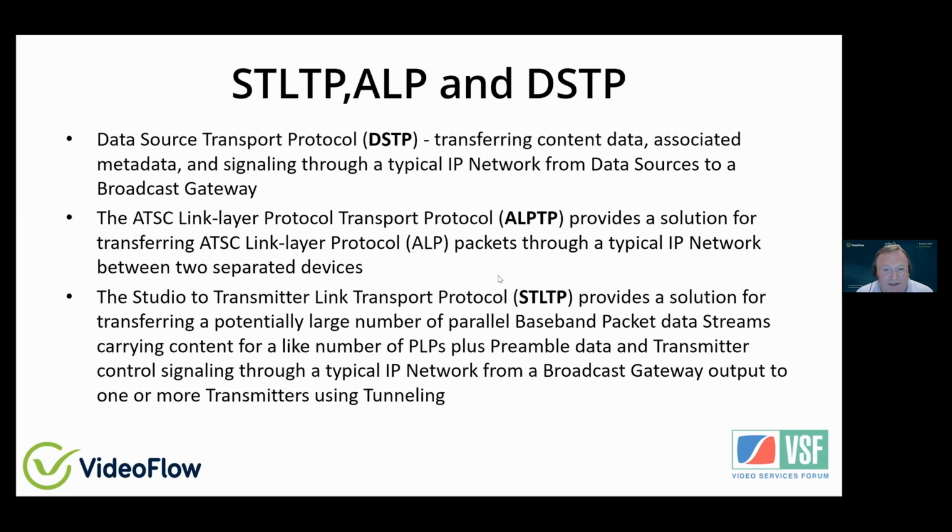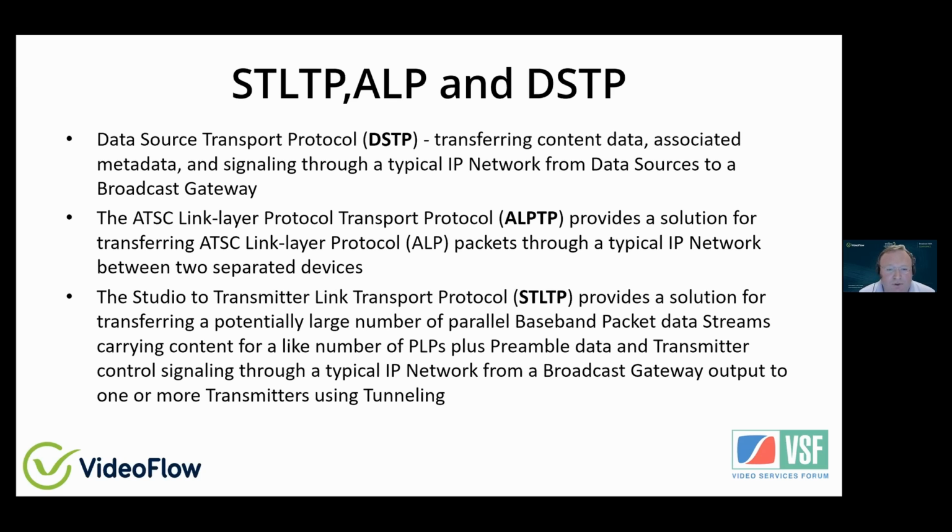So let's understand the acronyms. The data source transport protocol, DSTP, transfers content data and associated metadata signaling over a typical IP network from a data source, like a cloud system, to the broadcast gateway. The ATSC link layer protocol transport protocol, the ALPTP, provides a solution for transferring ATSC link layer protocol, or ALP, packets over a typical IP network between two separate devices, which we saw before.